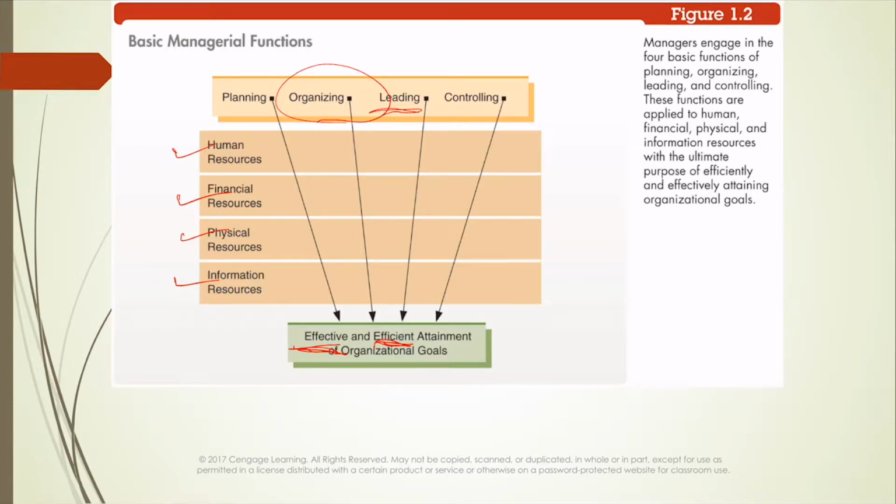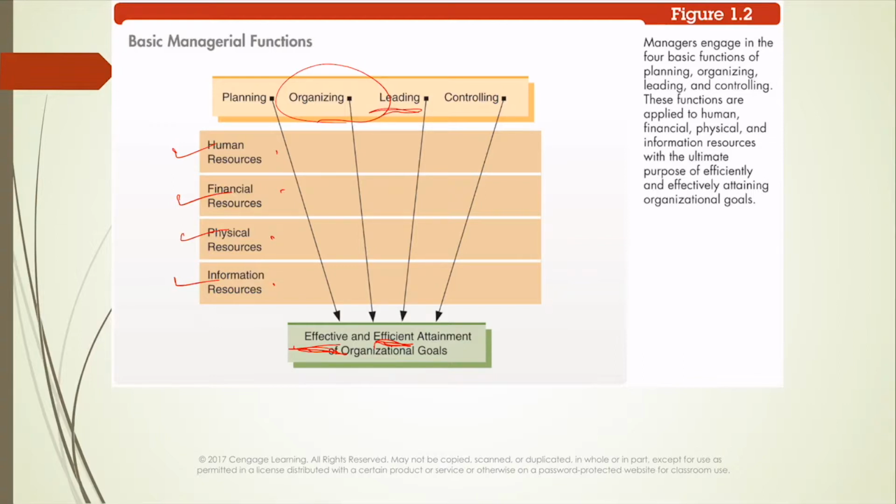And then controlling. Controlling is measuring the progress and the outcome of that project or that objective. And you want to be able to do it along the way. You want to make sure you're reaching your ends. As you are going towards your goals, if your goals are not in line with your human, financial, physical, or information resources, then you can adjust accordingly early.